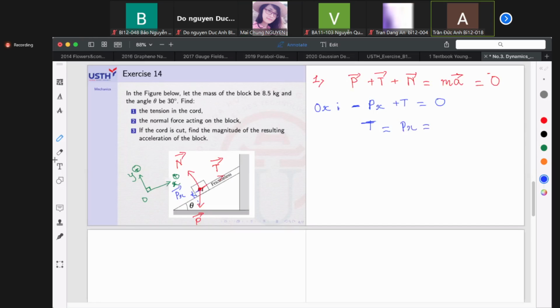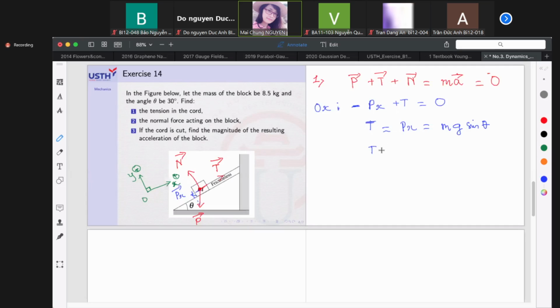What about the magnitude of Px? It equals mg multiplied by sin theta. We have the theta here, it's the same theta as the angle here, so that's why we have sin theta.